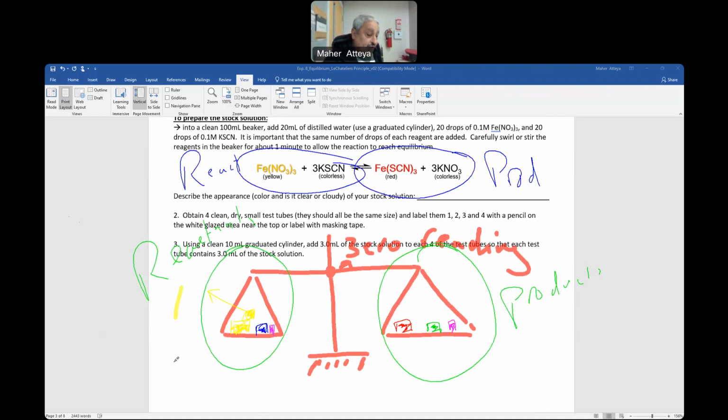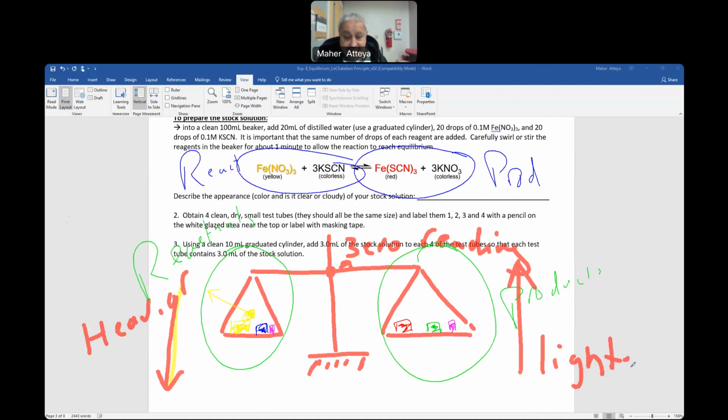So this arm will be heavier, correct? And this one will be lighter, correct? So the whole thing is tilted which way? This way.